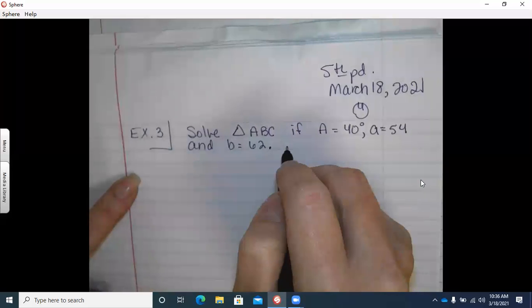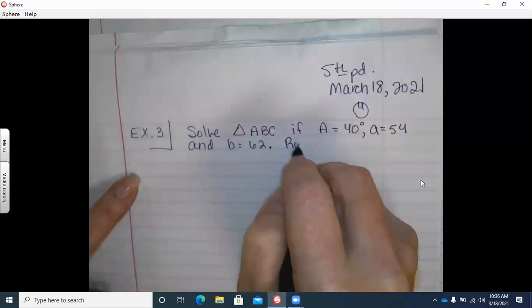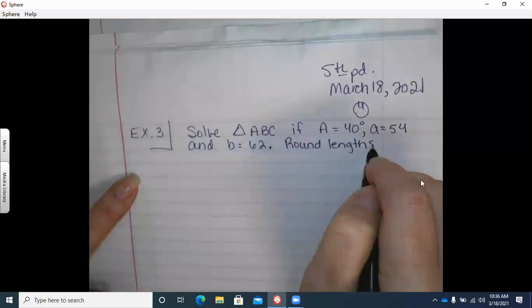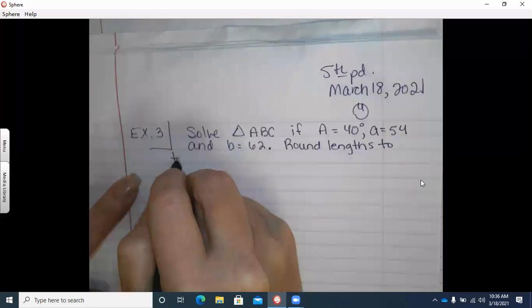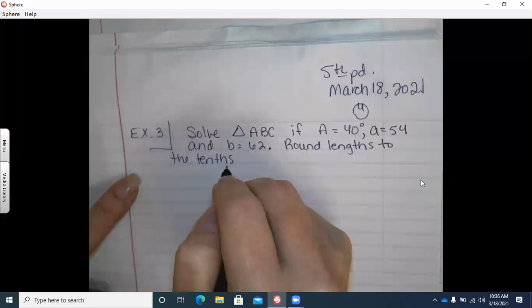Round lengths to the tenths and angles to the nearest degree.